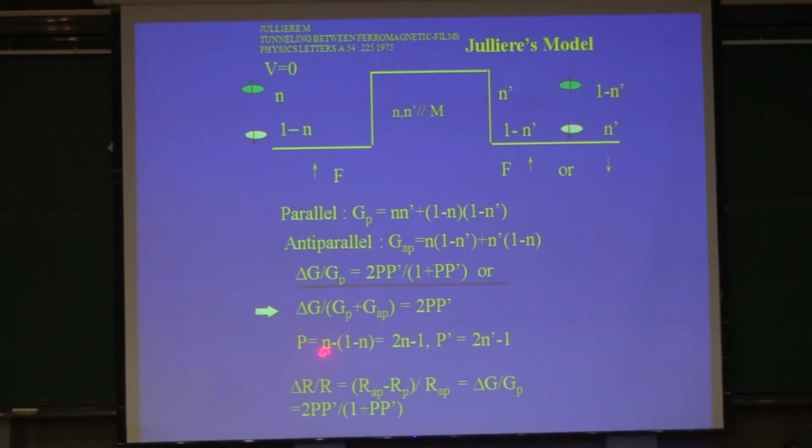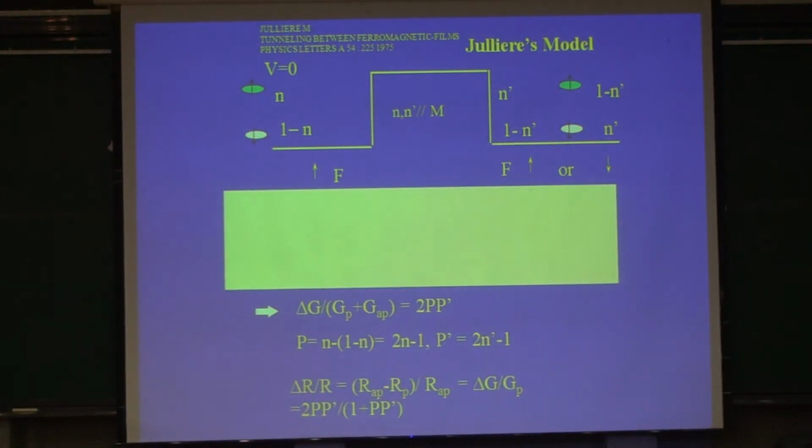Polarization is defined by the difference between majority and minority, so that is the polarization of the magnetic material. The tunnel magnetoresistance is proportional to this. Julliere published the paper back in 1975. However, it is quite interesting that nobody cited this paper. Nobody read it before 1987. Citations: zero.